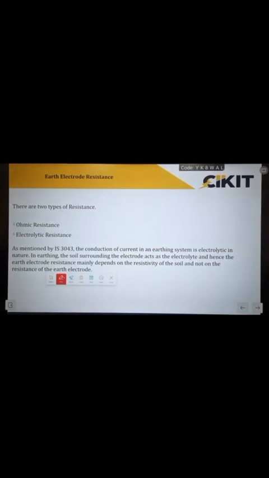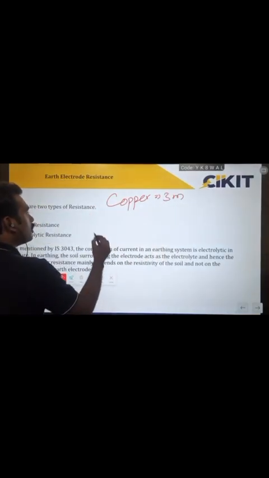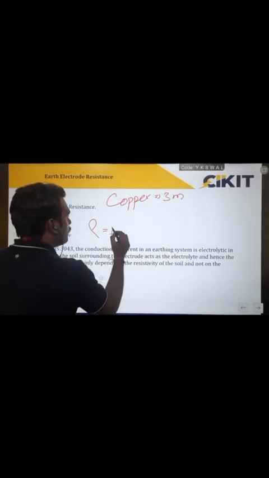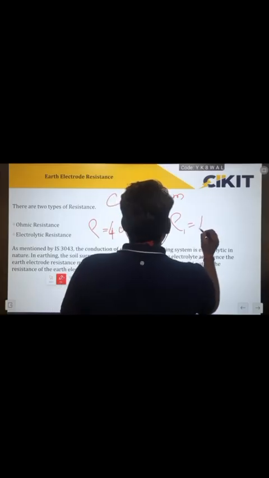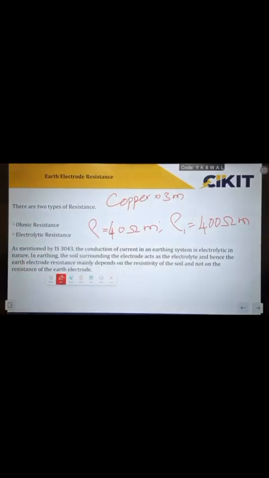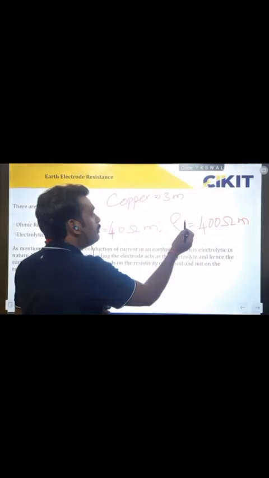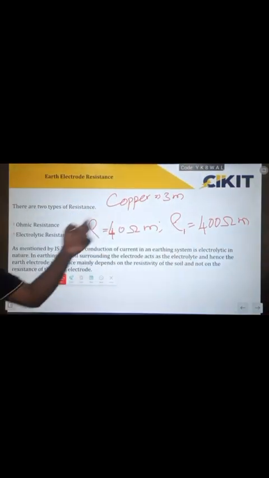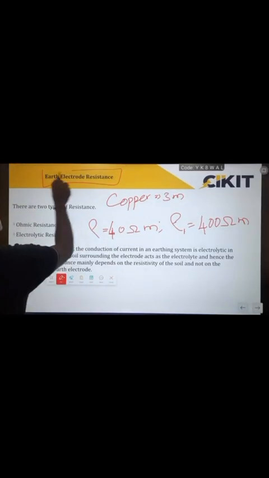Which means if I use a copper earth electrode of 3 meter length and install this same copper electrode in a soil condition of 40 ohm meter, and then install the same in another soil condition of 400 ohm meter, the material is the same and the dimensions are the same, but since the soil resistivity is different, the resistance of the earth electrode will be much higher in the 400 ohm meter soil. This is because the resistance we are discussing in an earth electrode is electrolytic in nature.